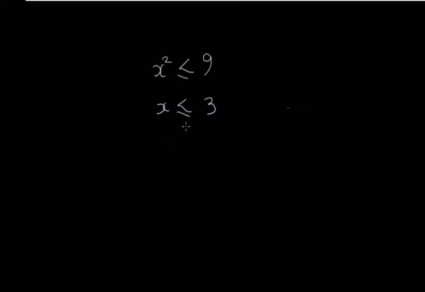Now, the problem is if we have x that is far into the negative of the number line. Let's have a wee look at what I mean here. So this is 0, here's 3, so this is less than 3, here's minus 3, minus 3 squared equals 9, that holds true.